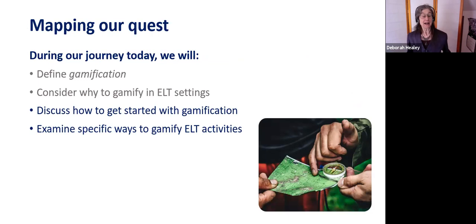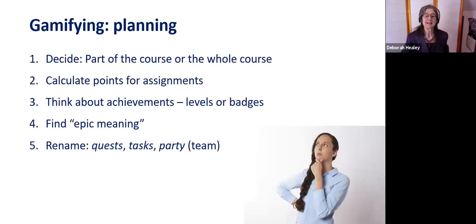We've talked about how to define gamification and how using game elements can motivate students to succeed and to persist. Now, let's look at how to start to gamify your classroom and make classroom activities more game-like. Let's start by planning.